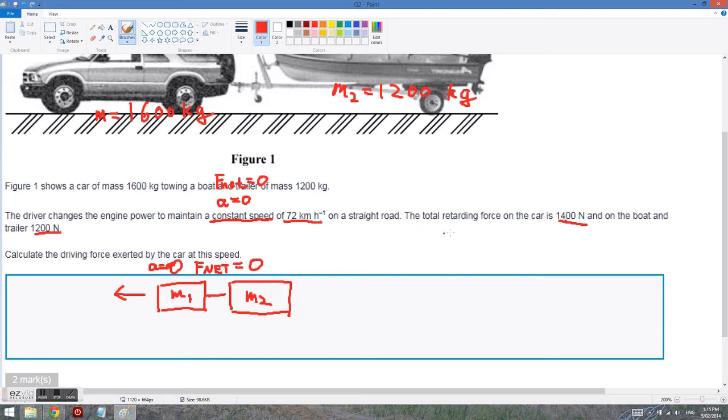Now what's happened is, the friction force on the car is this much, and the friction on the trailer is this much. Now it's simple. So what's the driving force? What's the driving force here?